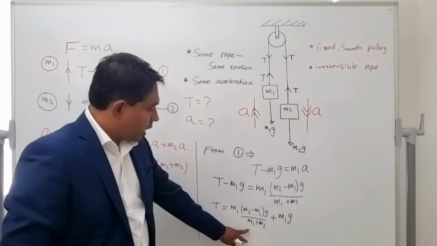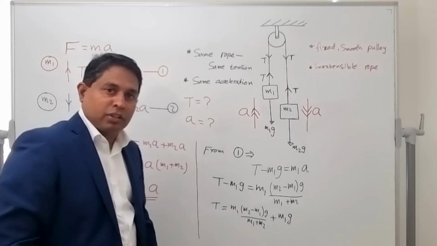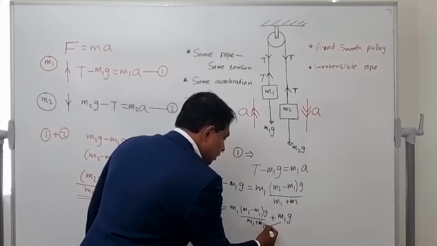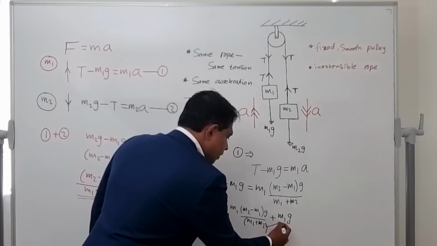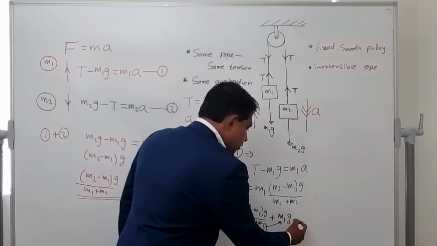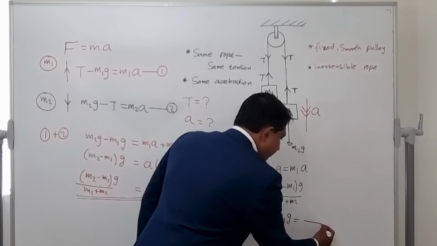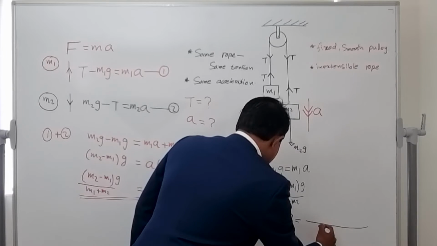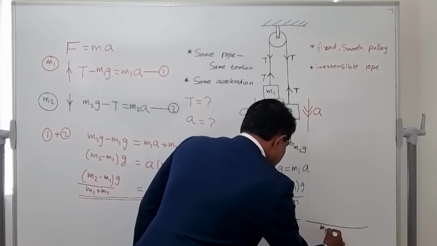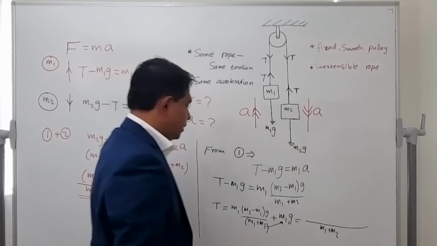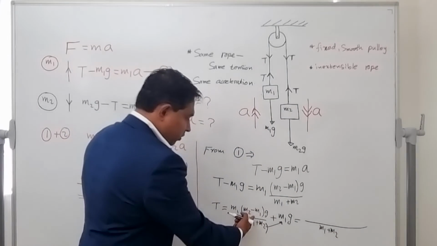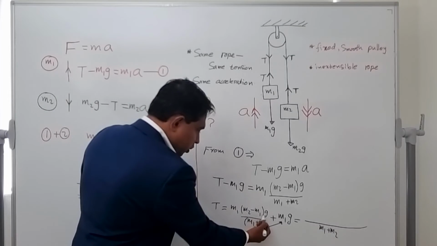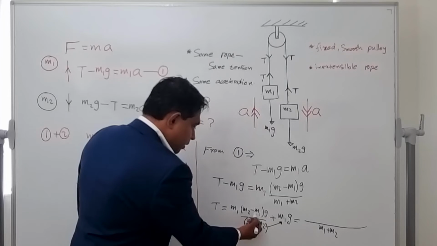If you take m1 plus m2 as the common denominator, you have to multiply this term by m1 plus m2. Because my aim is to simplify the numerator, I'm going to expand this term.